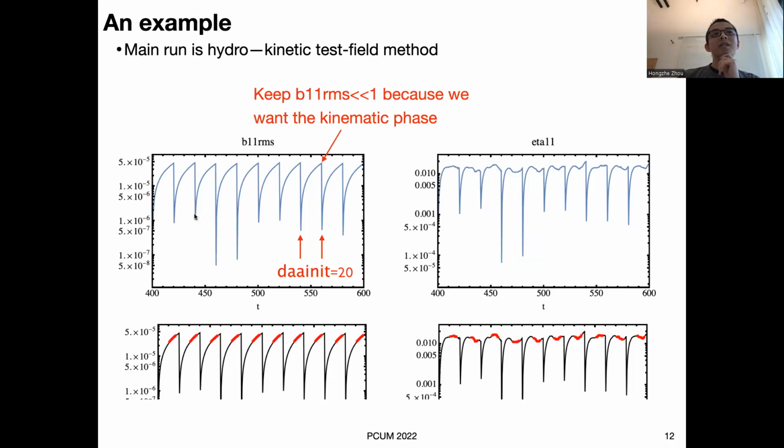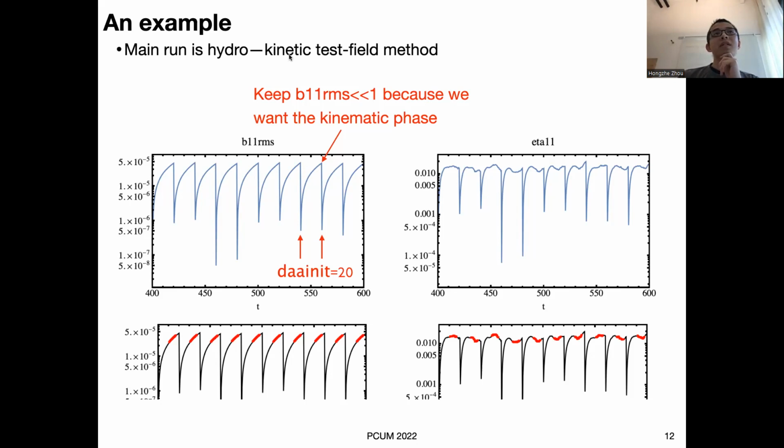Basically, what you see is first a growth of this test field, and then we reset it to some very small amplitude, and then it grows, we reset, and so on. This interval of resetting is something you can put in by hand. Why do we need to do this?